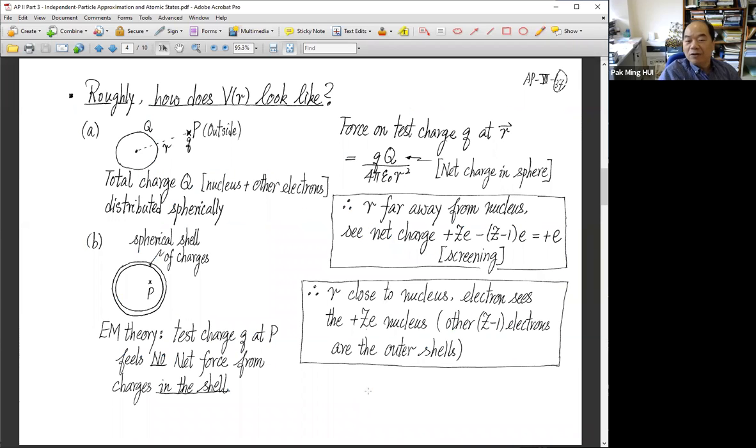So now let's look at, in a very physical way, what this effective potential energy function would look like. We have this idea about 1s, 2s, 2p states. So you can think about it as the following.